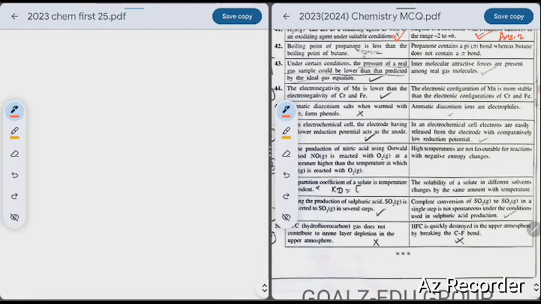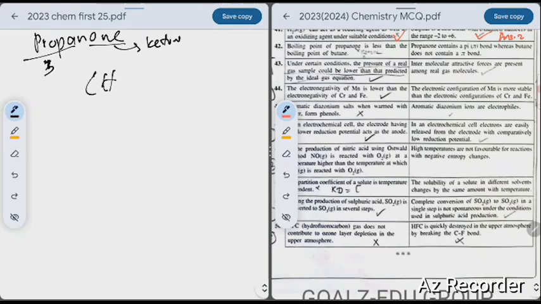Boiling point of propanone is less than the boiling point of butane. So first we will draw this propanone. Prop means there are 3 carbons and one means it is a ketone. So we have a compound with 3 carbon atoms and there should be a ketone.